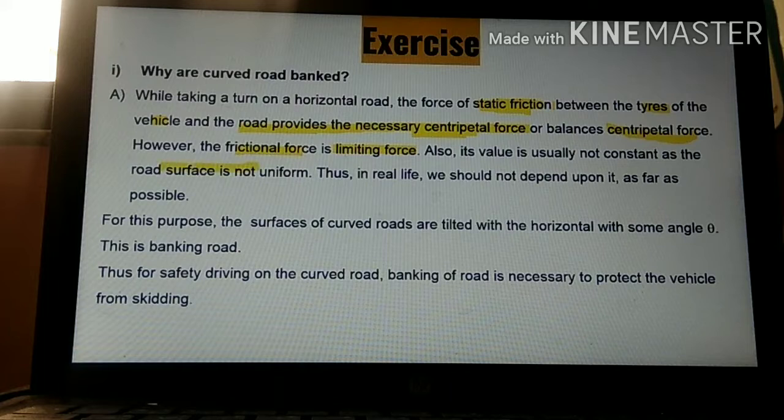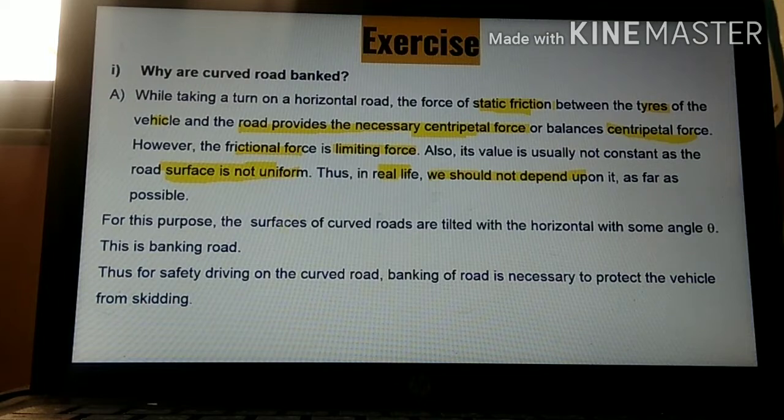As a road surface is not uniform, which we have already seen during the rainy season or during snowfall, or when oil is spilt on the road, the frictional force or the static friction will be equal to 0. Thus in real life, we should not depend only on frictional force. We have to make the roads curved, slightly tilted.